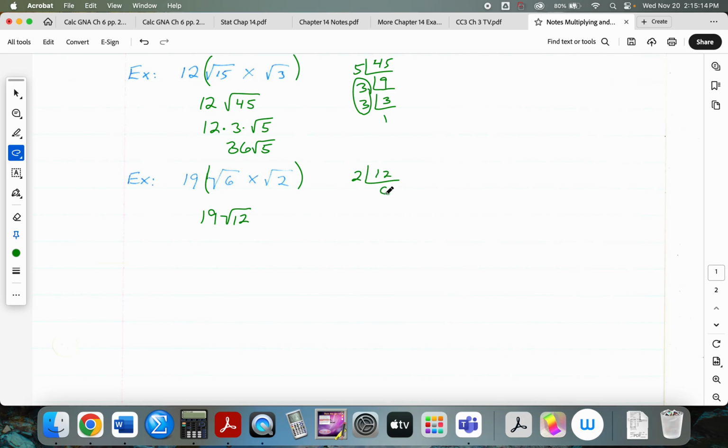Two goes into 12 6 times. 2 goes into 6 3 times, and 3 goes into 3 once. So I've got 2 and a square root of 3 still left. So I've got 19 times the 2 and the square root of 3. 19 times 2 is 38. So it's 38 square roots of 3.